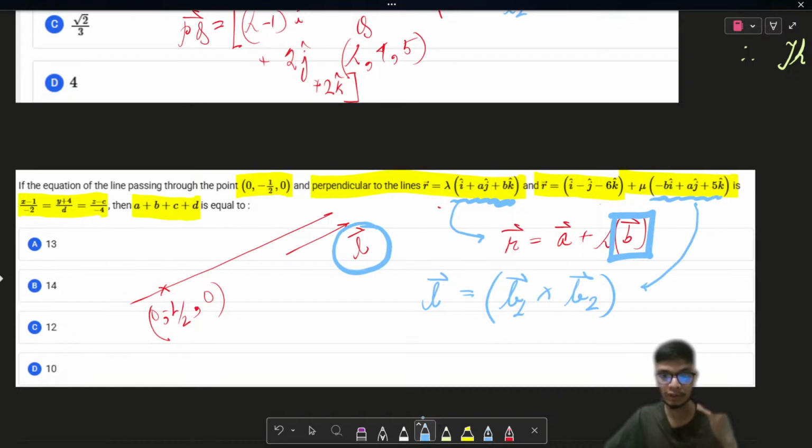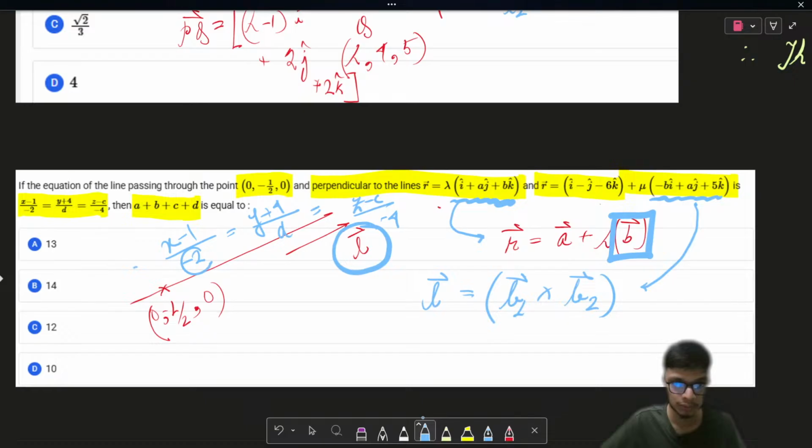These are perpendicular, so I will use the concept of the cross product. If I do that, I will easily obtain the relation for the unknowns. And it is already given that this particular equation of the line is x minus 1 by minus 2 equals y plus 4 by d equals z minus c by minus 4.